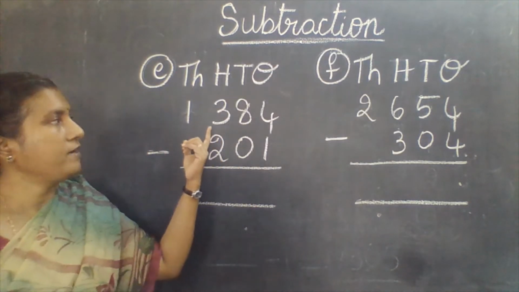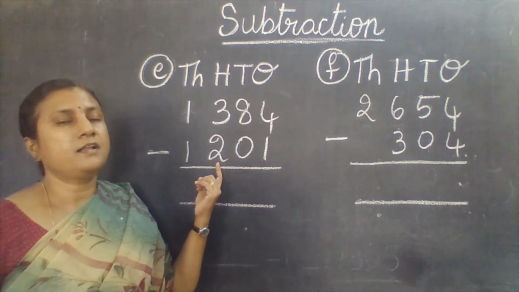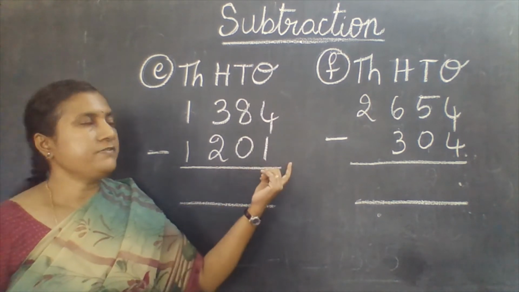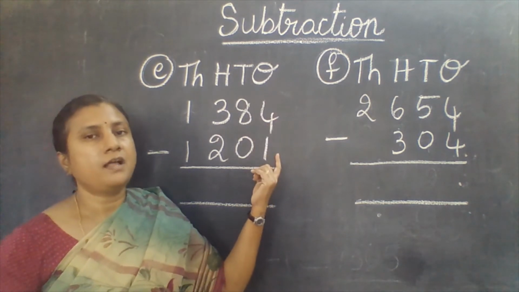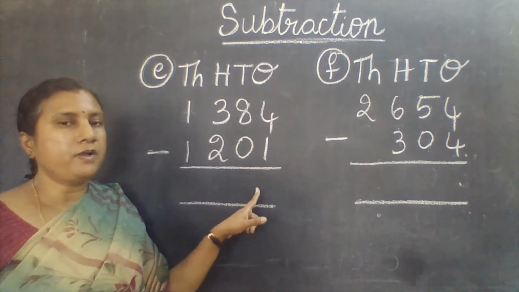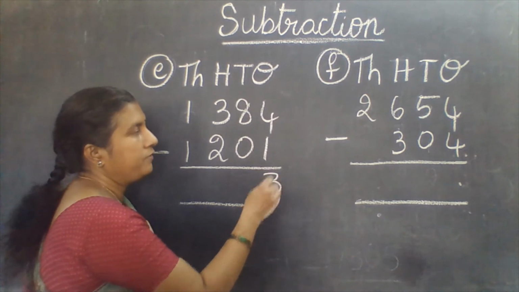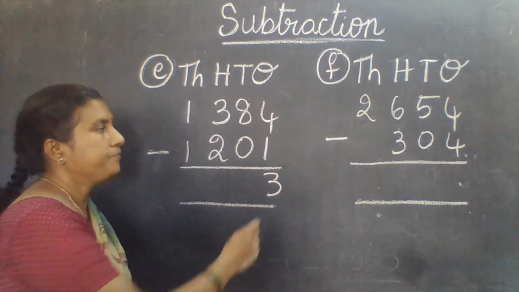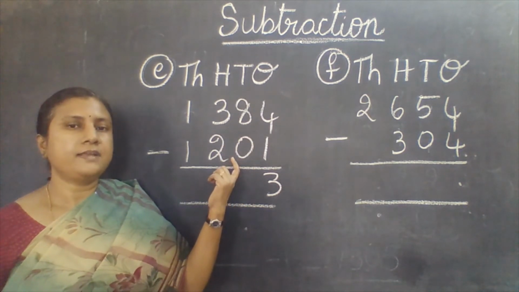Here we have 1384 and 1201 to subtract. Always you have to start from ones place only. 4 and 1 are there to subtract. According to one property, the difference will be the before number for 4, that is 3. Next you have to go to tens place. 8 and 0 are there in tens place.